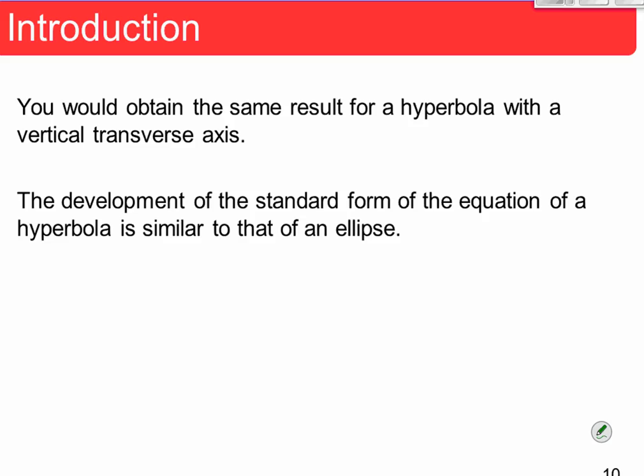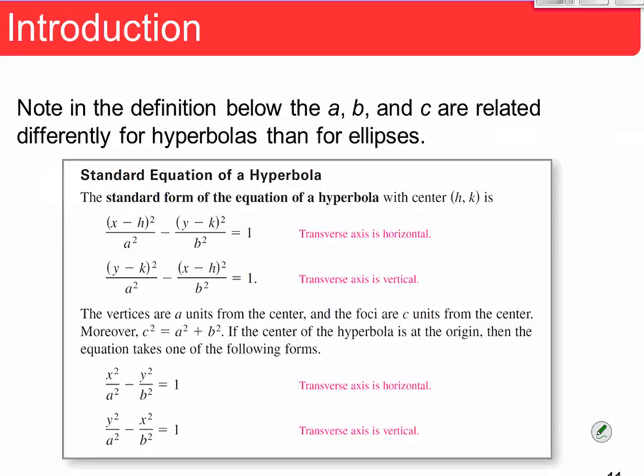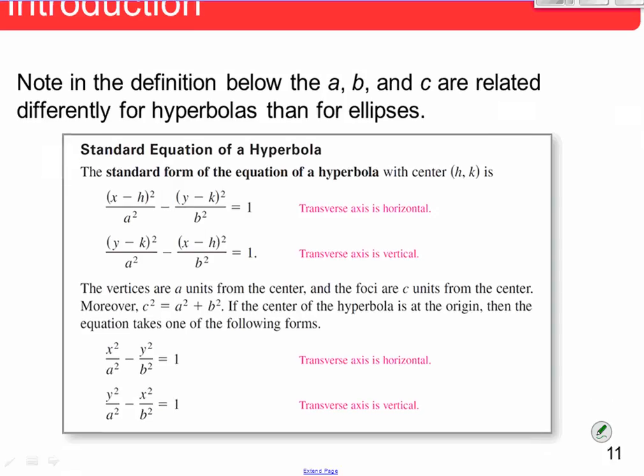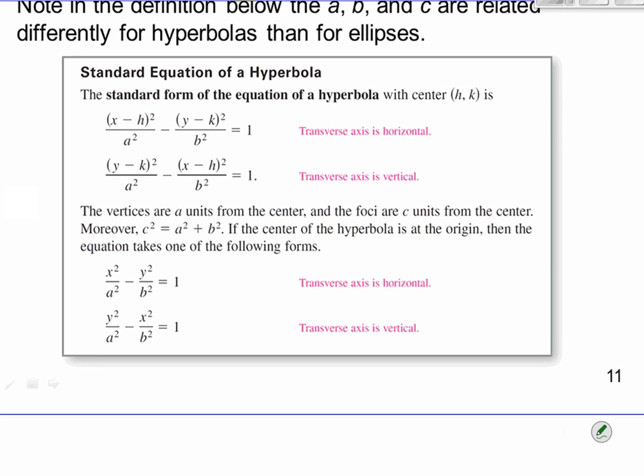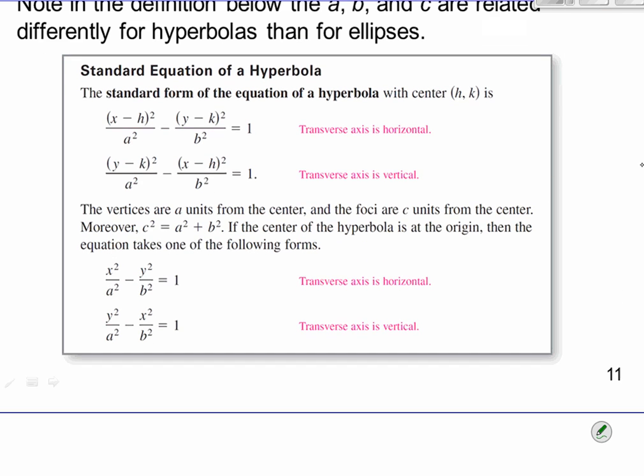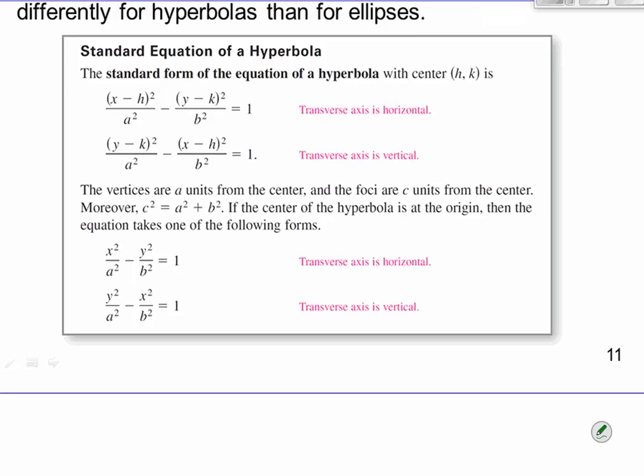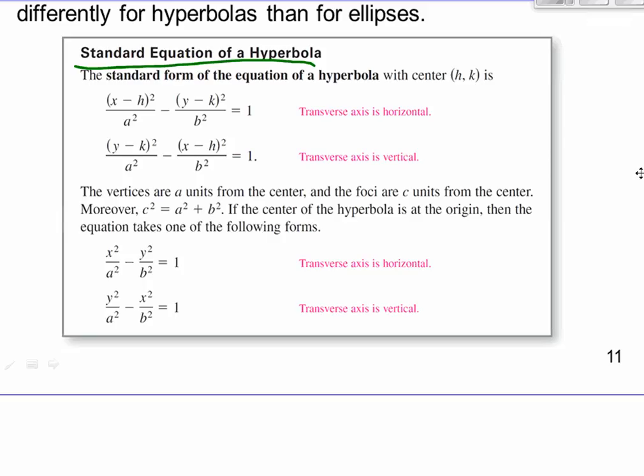So the development of the standard form of the equation for a hyperbola is similar to an ellipse. We are not going to go through that process, but here are our standard equations of hyperbolas. And I want you to notice some of the differences as you're writing this. What is a big difference?